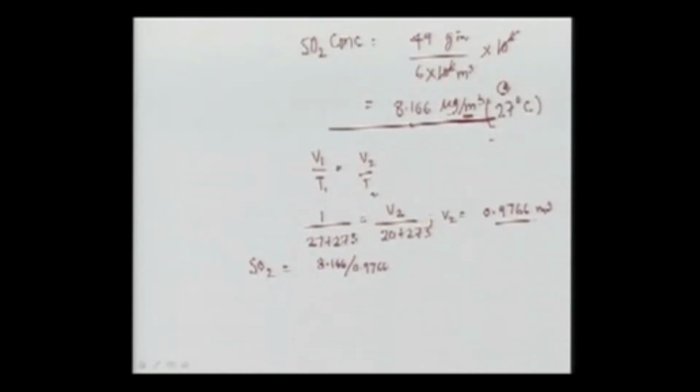And this concentration becomes, I'll do the calculation, 8.166 divided by 0.9766, so that is becoming marginally changed, 8.36 micrograms per meter cube, the concentration in the village at 20 degrees Celsius.